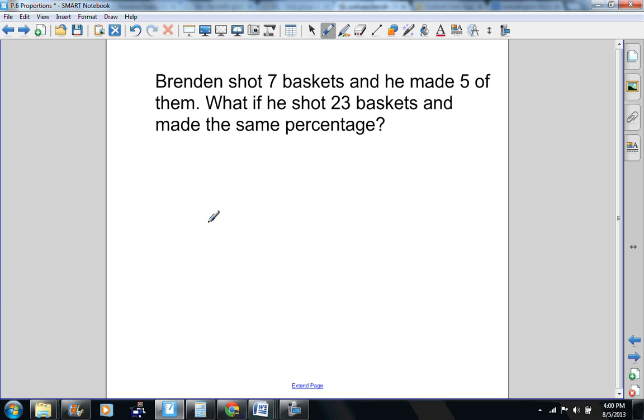Try these and see what you get. Okay, so Brendan shot 7 baskets and made 5. So I'm going to go 5 over 7. And what if he shot 23 baskets and made the same percentage? Well, he's trying to figure out how many he would make, and he shot 23.